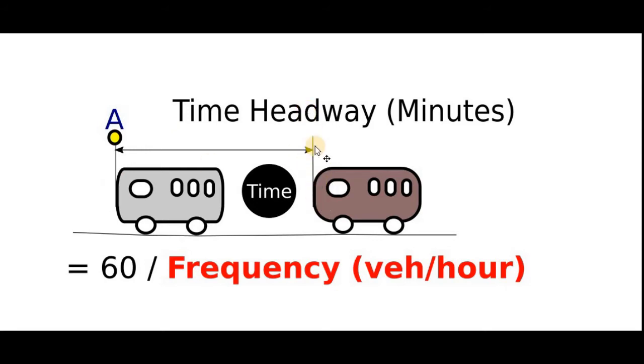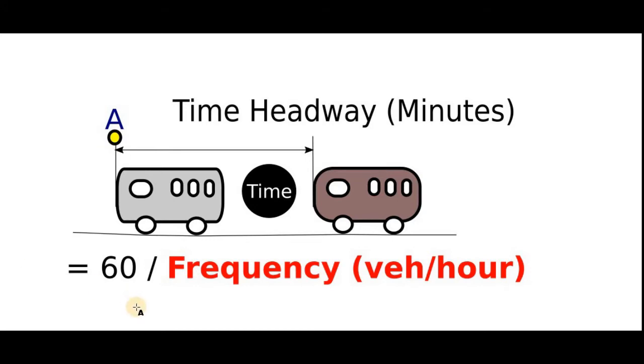Time headway has a very simple formula: it is equal to 60 divided by frequency. Now, our frequency is vehicles per hour. So when I say that there are 6 vehicles per hour, what does it mean? It means that a vehicle is passing through my reference point every 10 minutes, right?